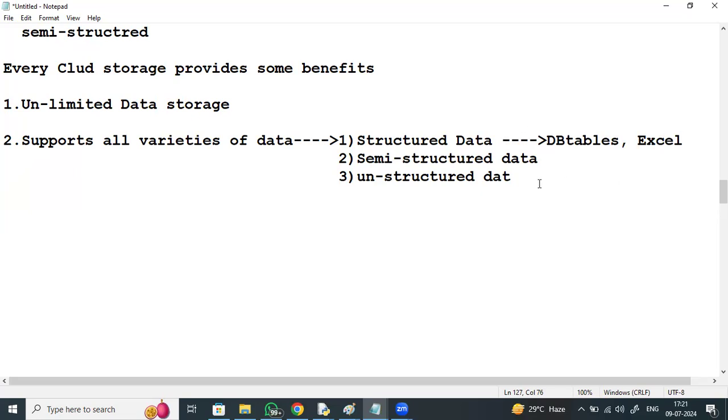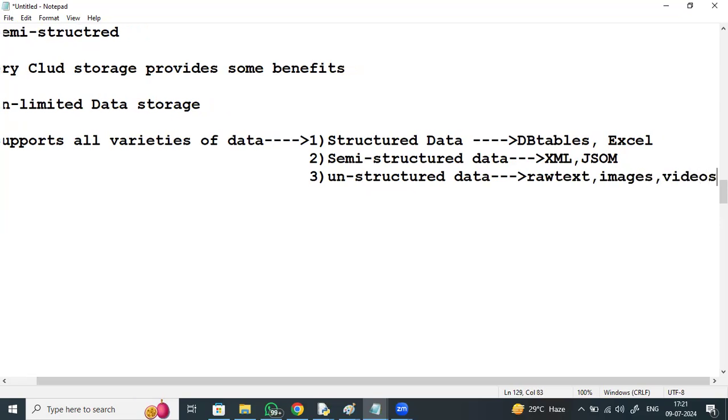Semi-structured data is XML and JSON. They're not fully structured, and not fully unstructured. Unstructured data is raw text, images, videos, all of which come as unstructured.